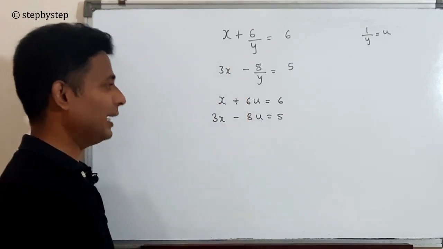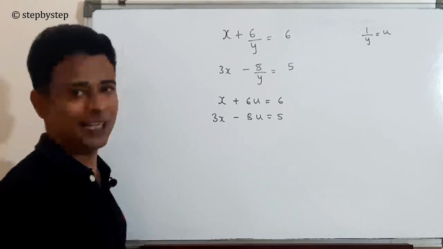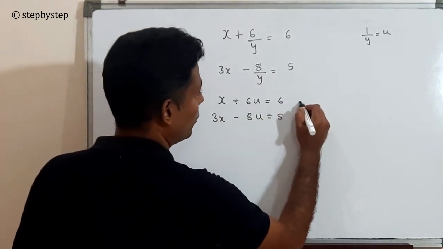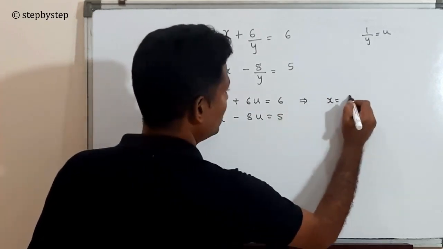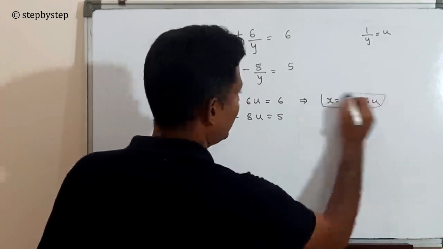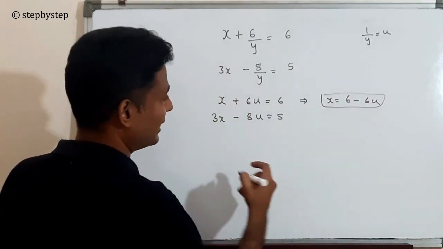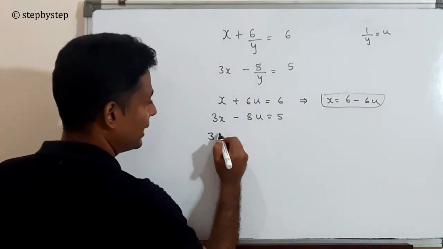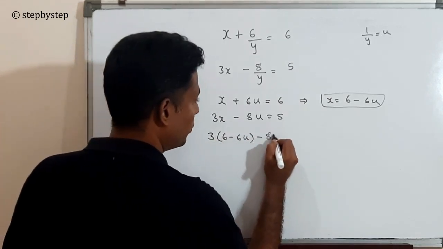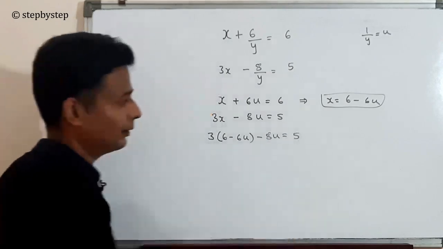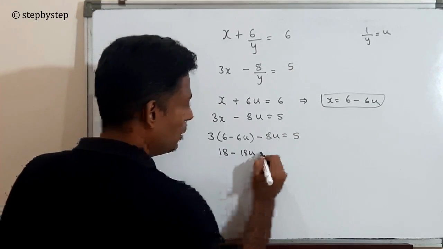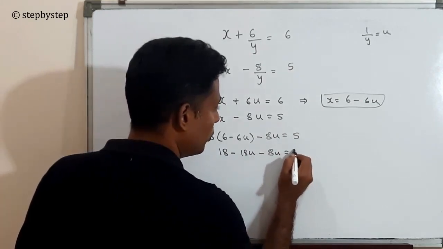Now, okay, this problem I'll solve it using substitution method. So from this equation, what do I get? x equal to 6 minus 6u, right? I get x as 6 minus 6u. I'll substitute in this. So I get 3 into (6 minus 6u) minus 8u equal to 5. Now it becomes 18 minus 18u minus 8u equal to 5.